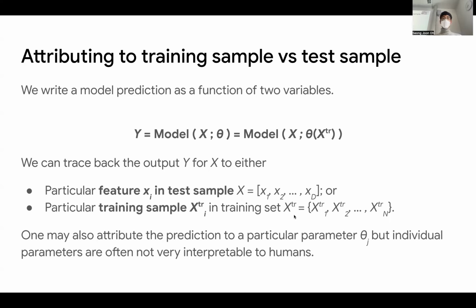So depending on what your candidate space is, where you wish to attribute or blame your decision for this sample, you may want to go back far, even into the training set. So we're gonna look into both training sample attribution and test sample attribution in this course. We're first gonna look at the test sample attribution.